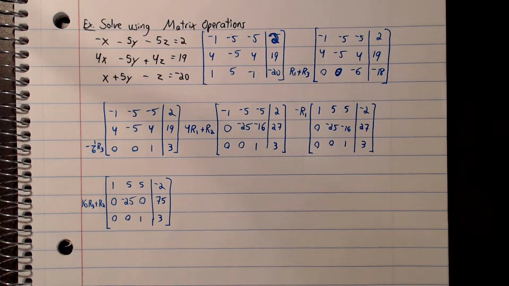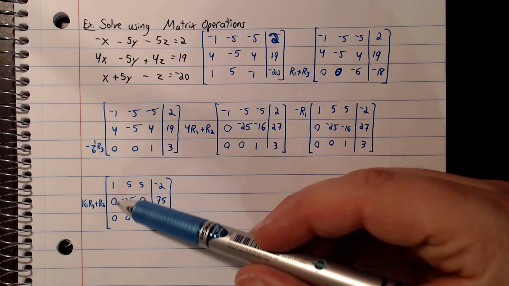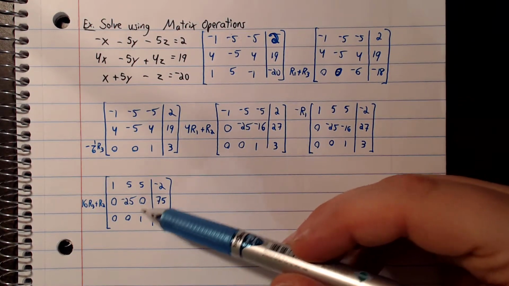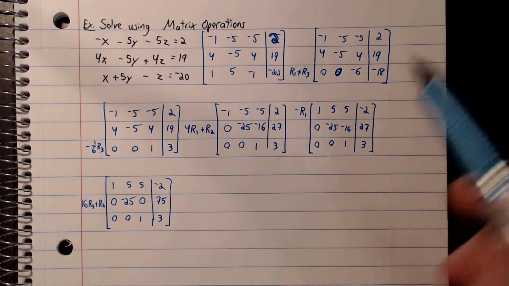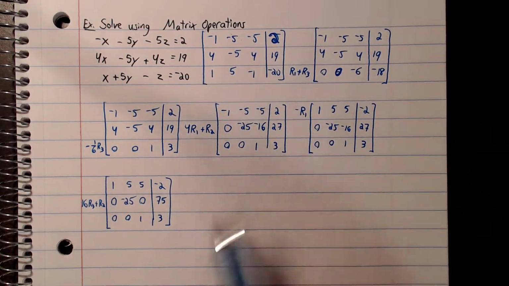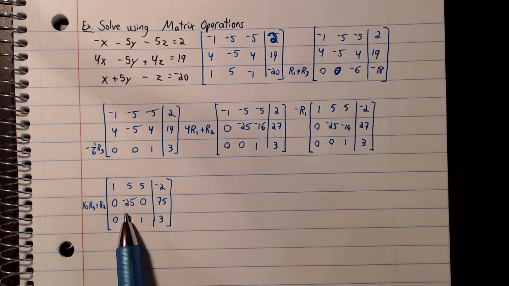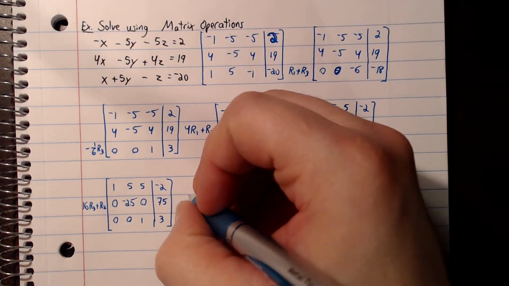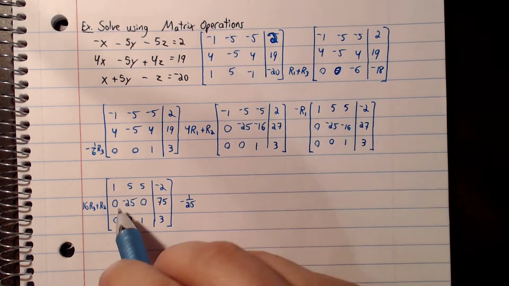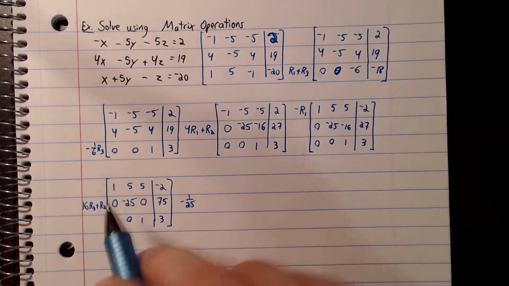Okay, so now we're in really decent shape because we've got a 1 here with all zeros, we've got a 1 here, and I can make that become a 1 pretty easily. And I know I had said that we'd deal with that in a minute. Right, we're going to get rid of that 25 now. So I'm going to divide by 25 to make that become 1, and negative to get rid of that negative.